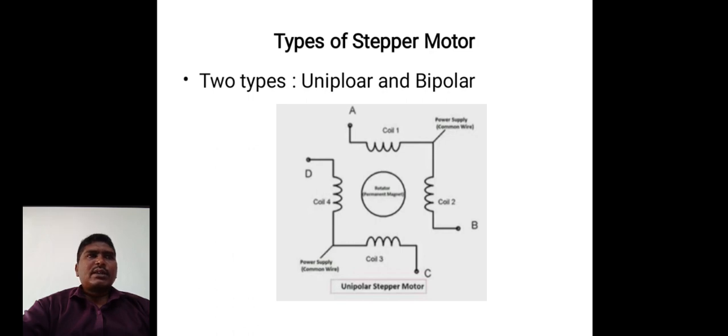This is called the common wire or common point. In this figure, A, B, C, D are the 4 wires and the remaining fifth one is called the common point. The common wire is formed by connecting one end of the coils as shown in the figure.